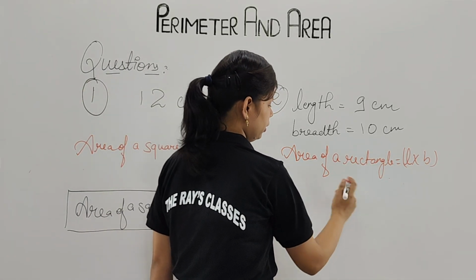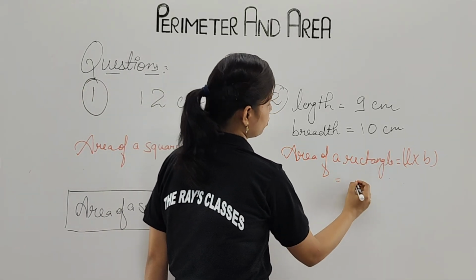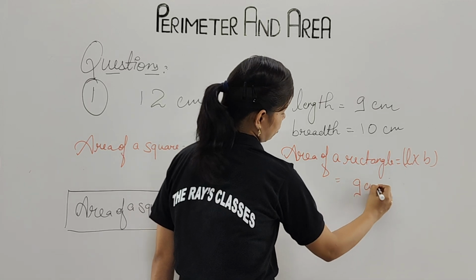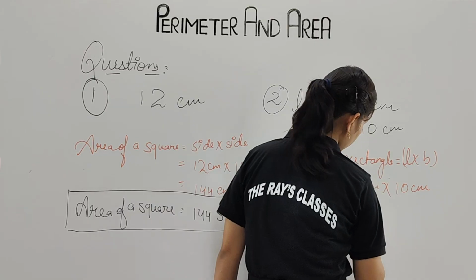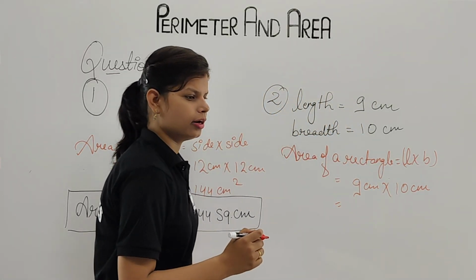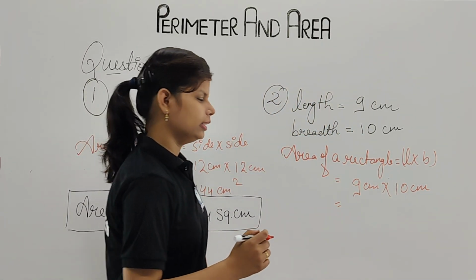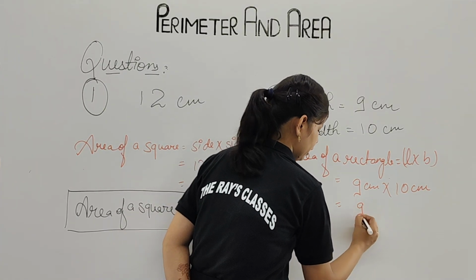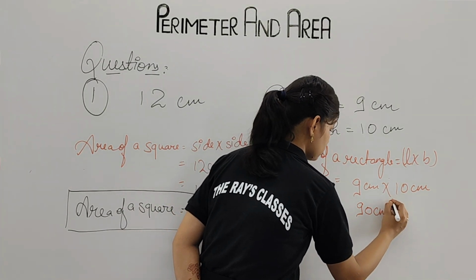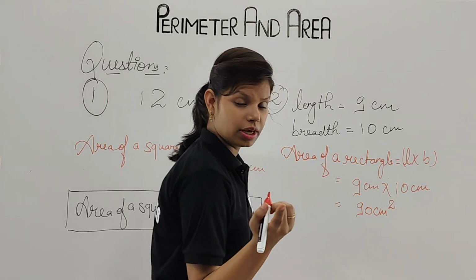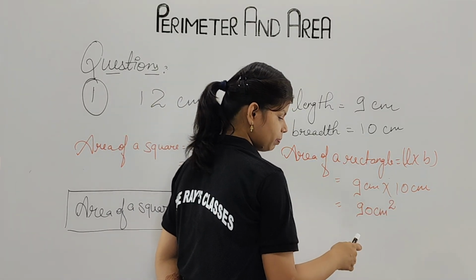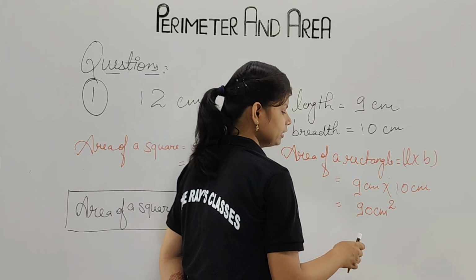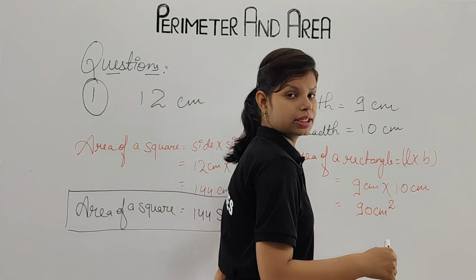Length into breadth means what? That means length is your 9 centimeter and breadth is 10 centimeter. When you multiply both figures together, 9 into 10, you will get 90 centimeter square. As I told you already, when centimeter is multiplied with centimeter, you will get centimeter square.